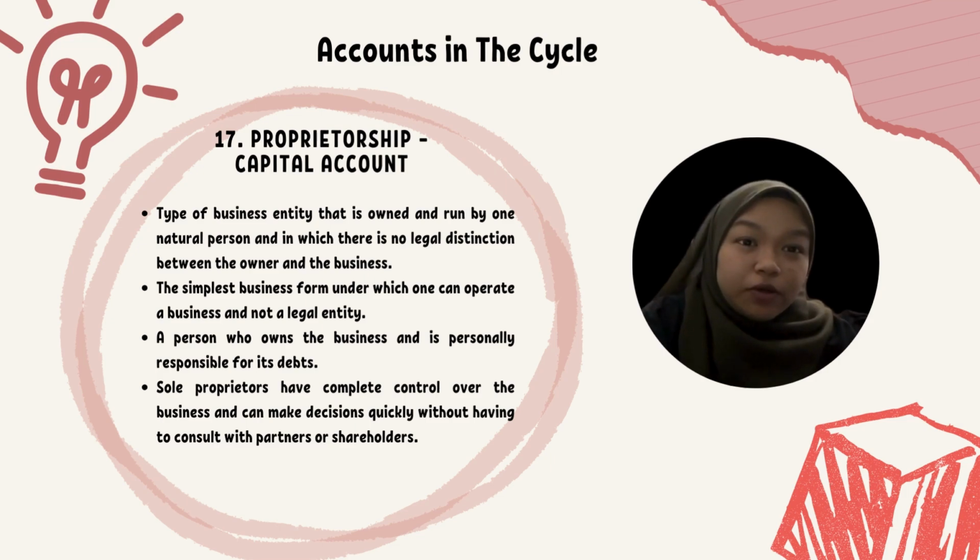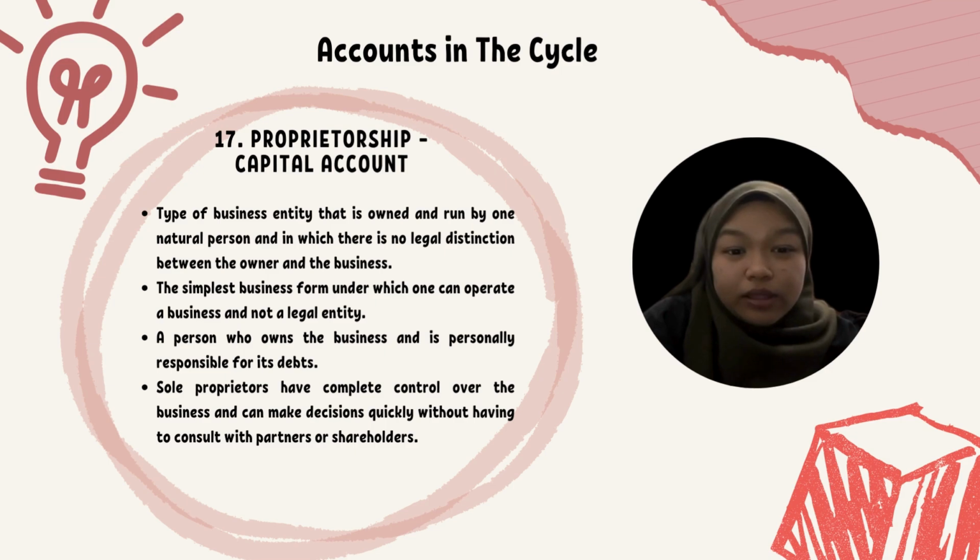So for the last point of the subtopic is proprietorship capital account. In a sole proprietorship, the business is owned and run by one person, known as the sole proprietor.